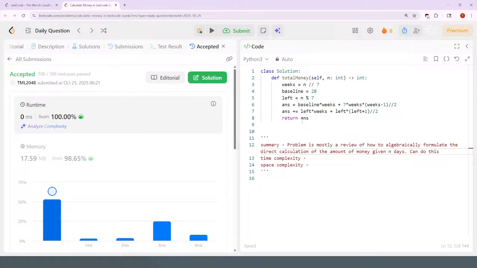You can do this slowly using a for loop or quickly using the direct formula. Make use of the arithmetic summation formula, where if you have 1 plus 2 plus 3, plus dot dot dot k, it's going to be k times k plus 1 over 2.